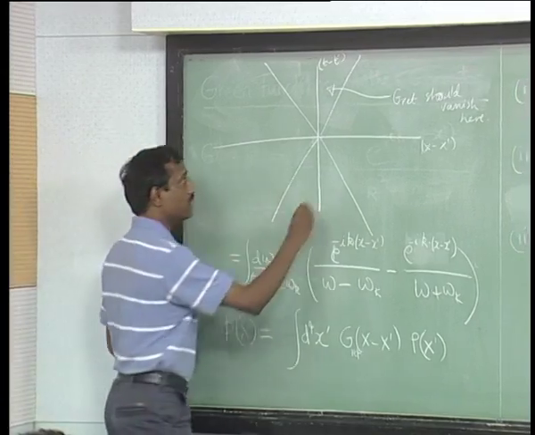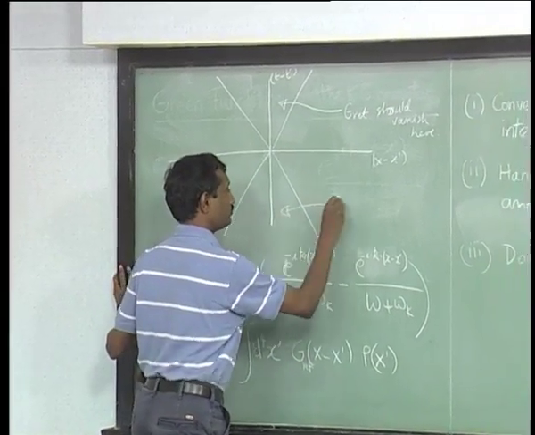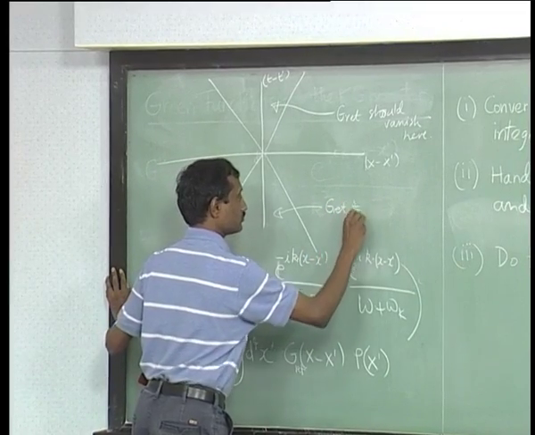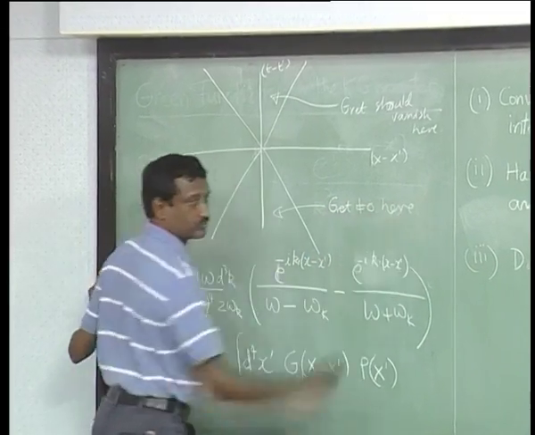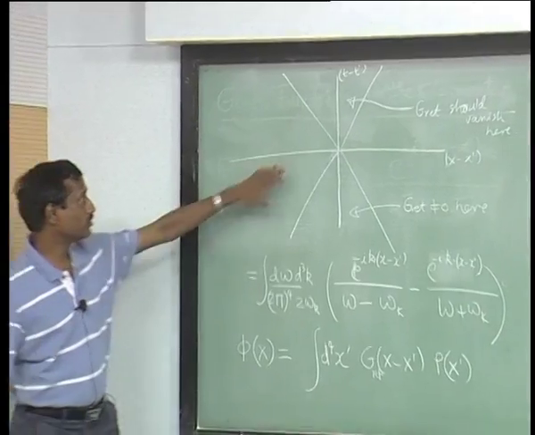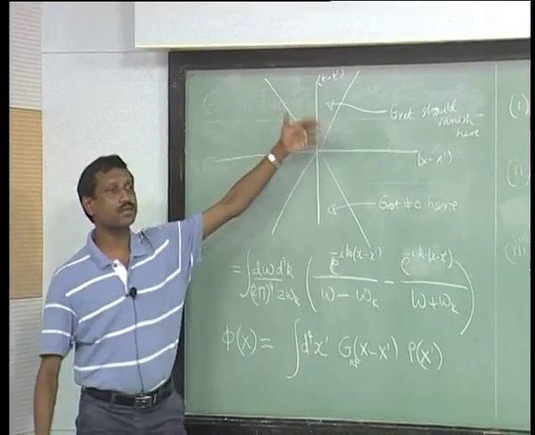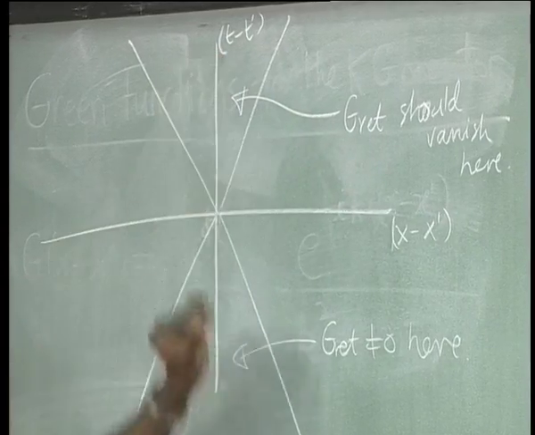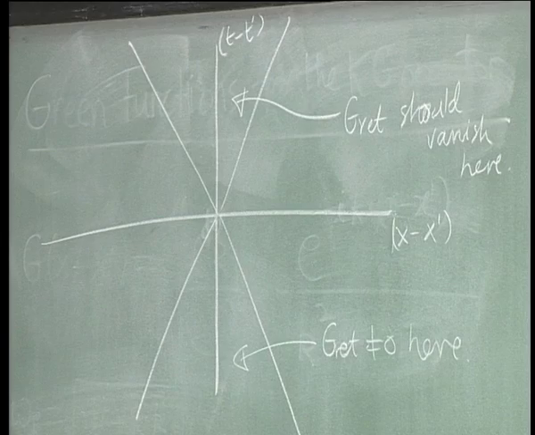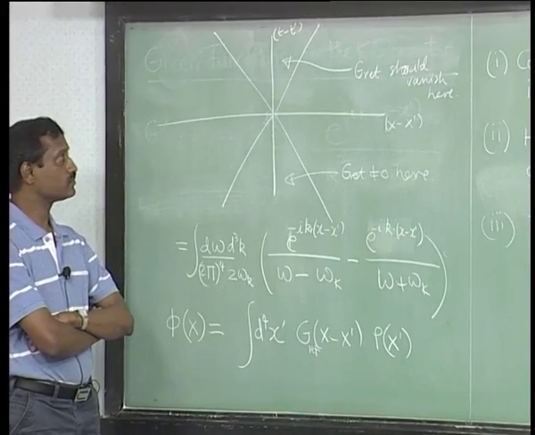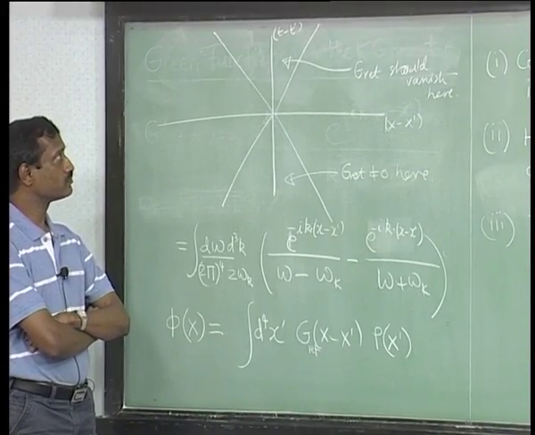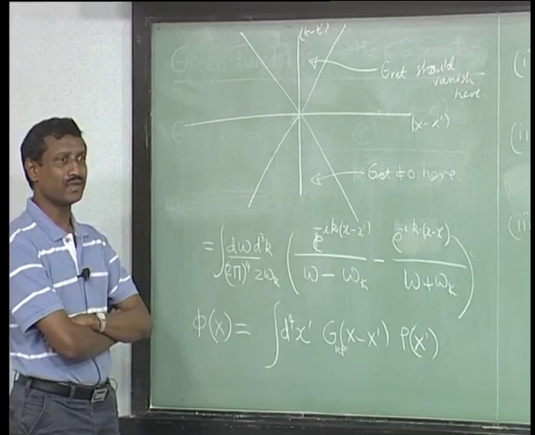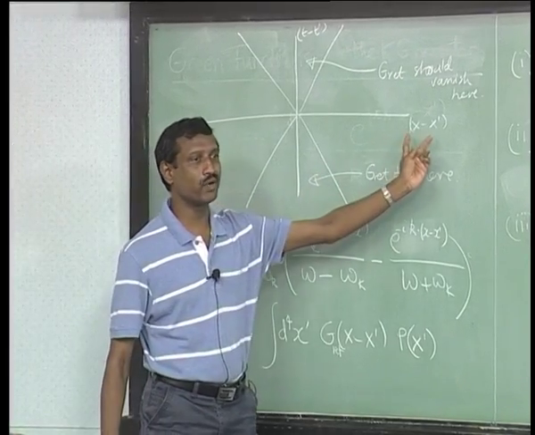So, what I am saying, it is non-zero here. Okay. So, this is what we want. So, let us look for something which vanishes when t minus t prime is greater than 0. Everything will be non-zero when t minus t prime is greater than 0 and x minus x prime is greater than 0, right? Oh, sorry. We will look at that. No, x minus x prime is not so important right now.